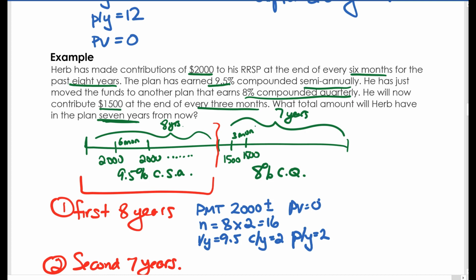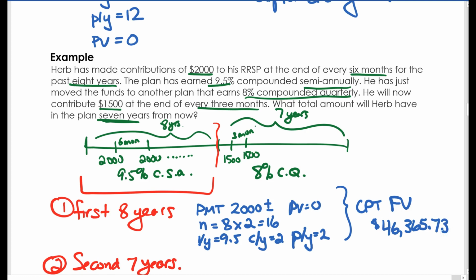Okay, I think that's all we needed, right? So now we can compute the future value, and we get $46,365.73. So that's after the first 8 years.